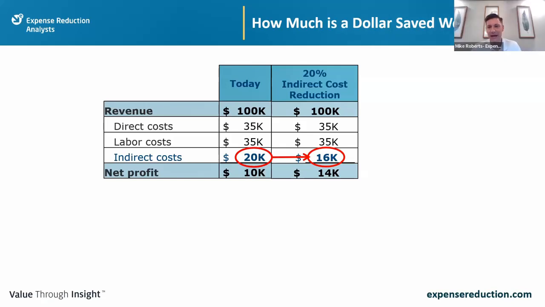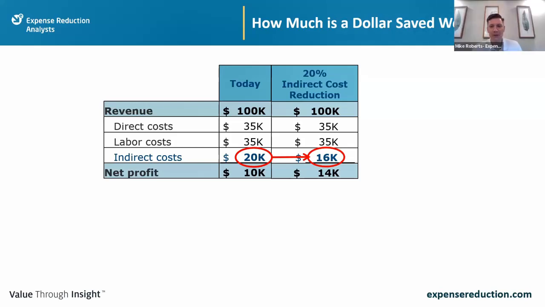Exactly. So those are the three key areas: your direct costs, which are directly tied to your core business, your labor costs, which is payroll dollars, and then everything else, like you said, Cheryl, is indirect costs. Okay, so that's business overhead. Yep. Great. Okay, I'm with you.